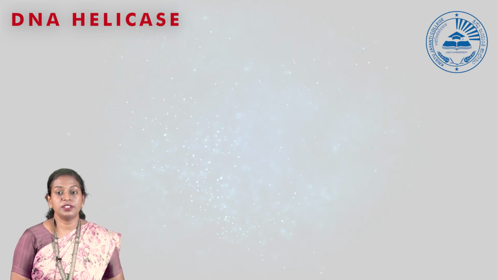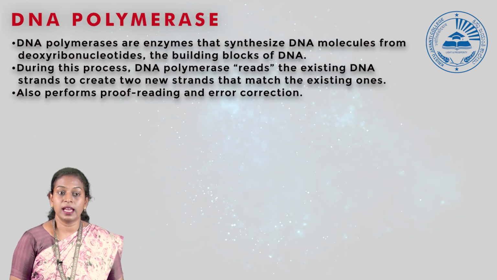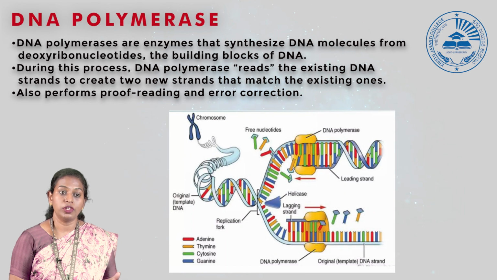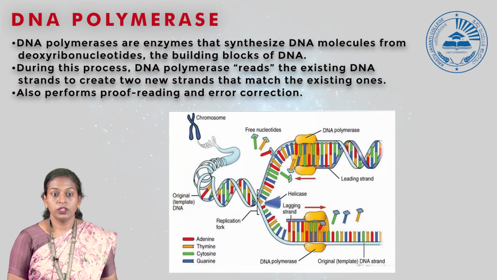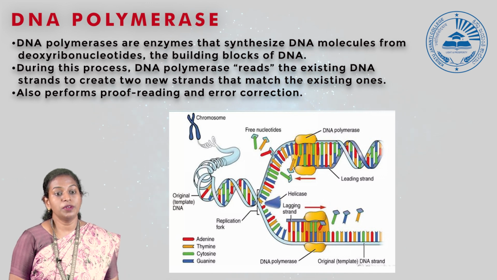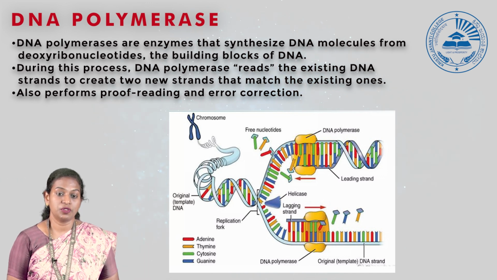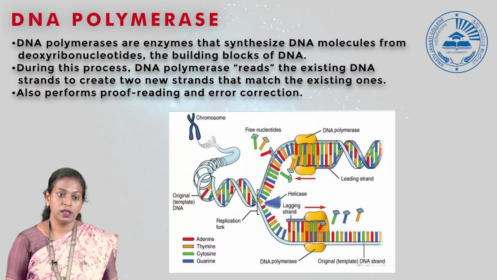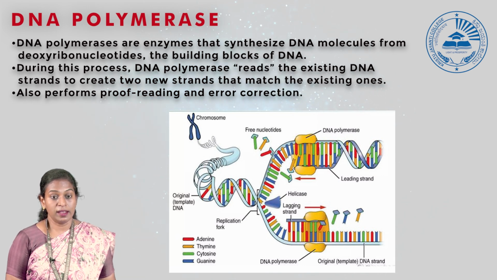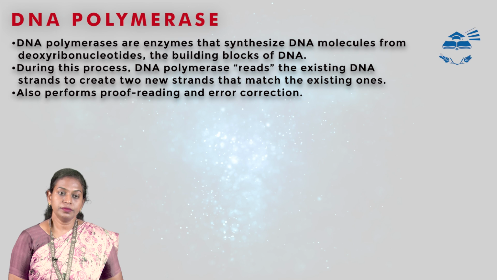The next enzyme is DNA polymerase, which synthesizes DNA molecules from deoxyribonucleotides, the building blocks of DNA. During this process, DNA polymerase reads the existing DNA strands to create two new strands that match the existing ones. It also performs proofreading and error correction.